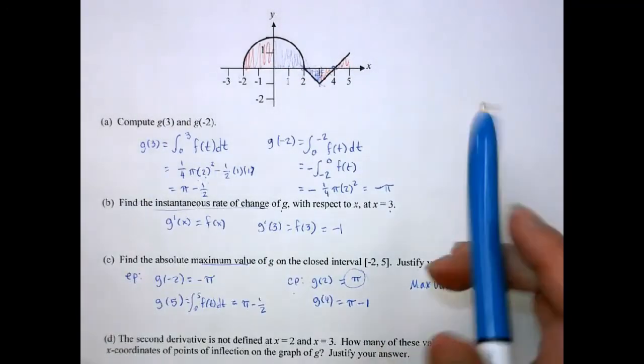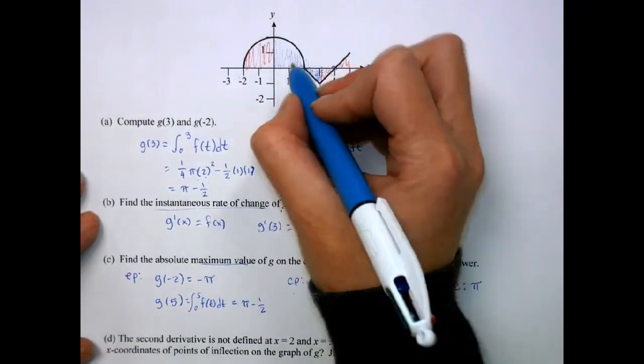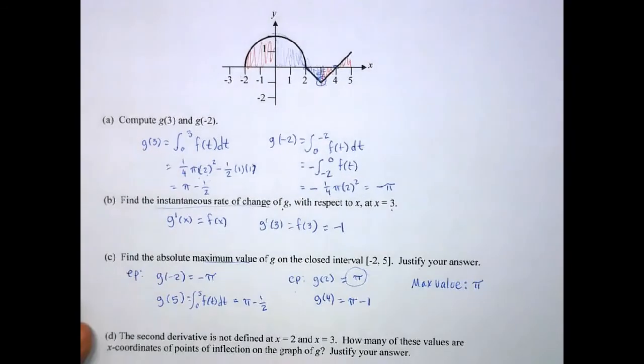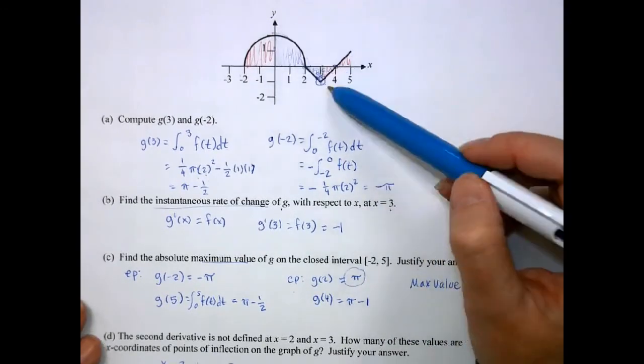So of this, it goes decreasing, decreasing. So here at x equals 3 is a point of inflection, because g double prime of x changes signs, because we're looking at the slopes there.